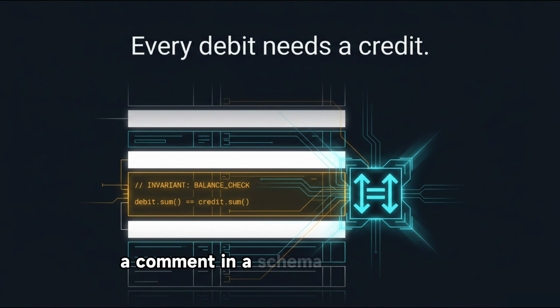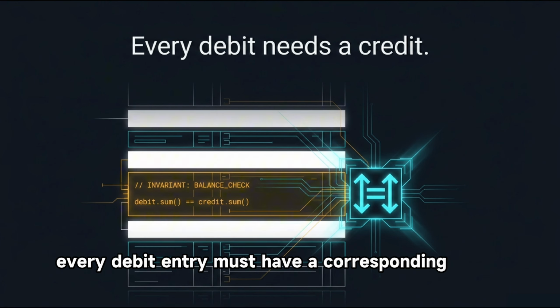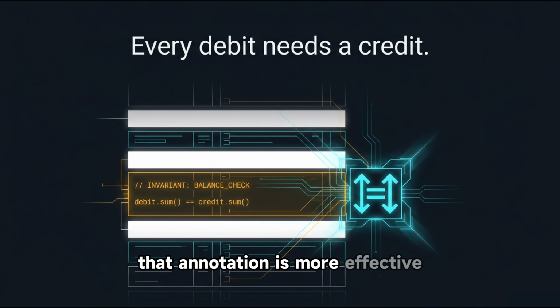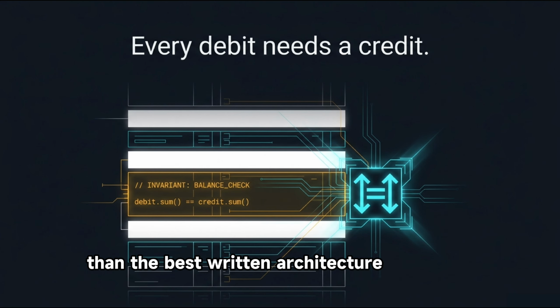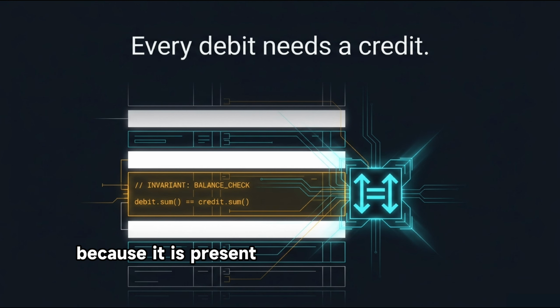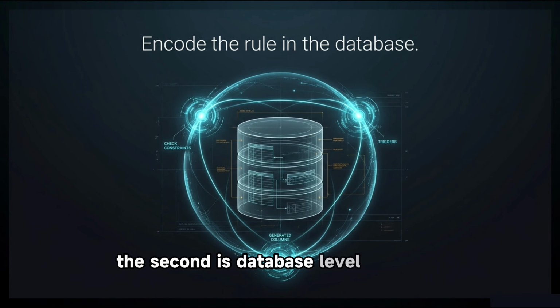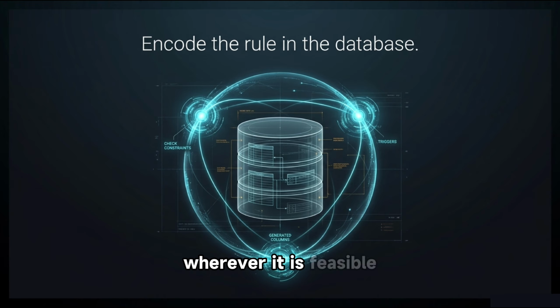A comment in a schema file that says, "Every debit entry must have a corresponding credit. Do not write to this table outside the ledger service." That annotation is more effective than the best written architecture document because it is present at the moment when it is needed.